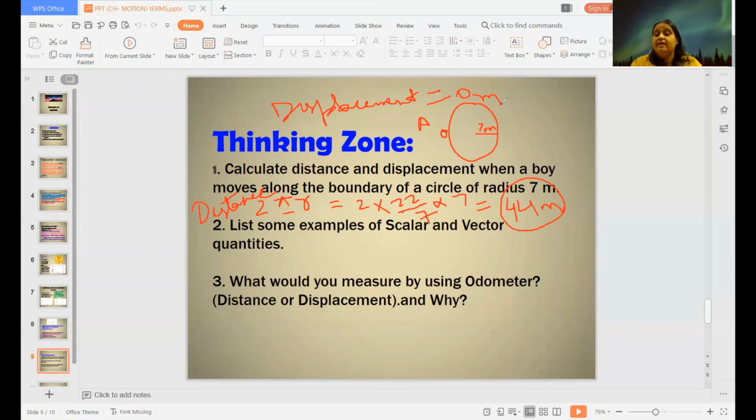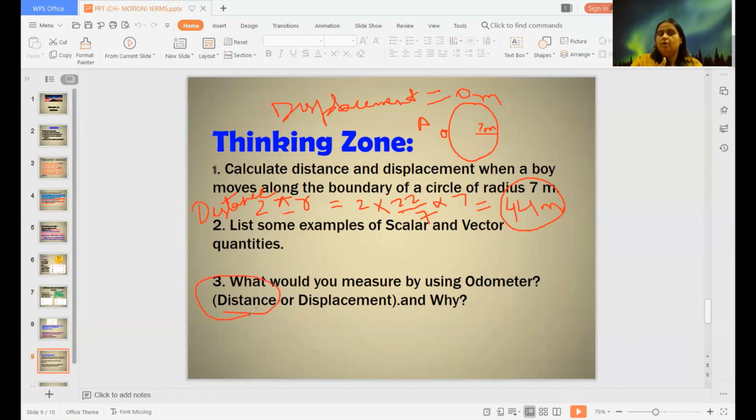So what would you measure by using an odometer? Odometer we find in vehicles. In vehicles, we have an odometer that tells us how much distance has been covered by the vehicle. You must have seen it. If not, today only you will go and check it. Just take help from your parents and they will definitely tell you. The odometer gives you distance travelled.